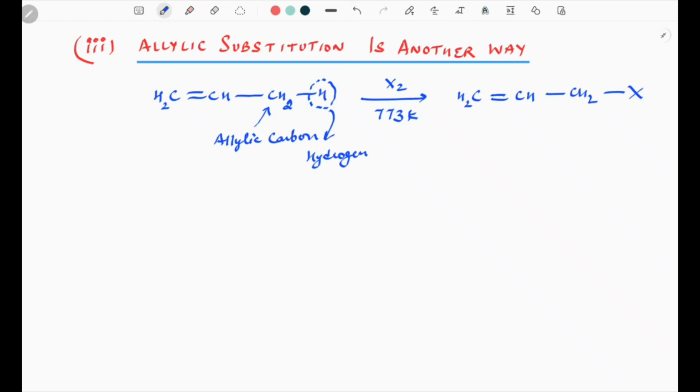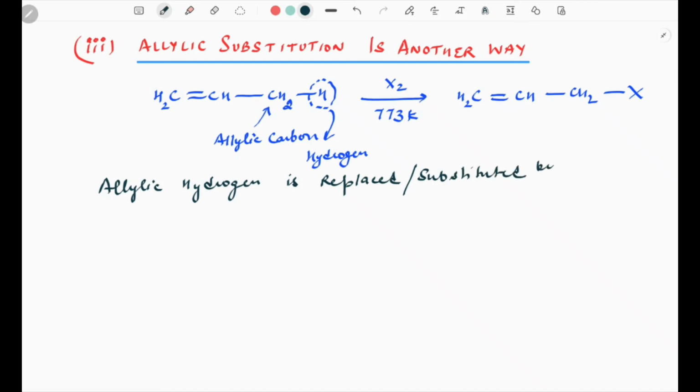So that means in this reaction, allylic hydrogen is replaced or substituted by halogen atom.